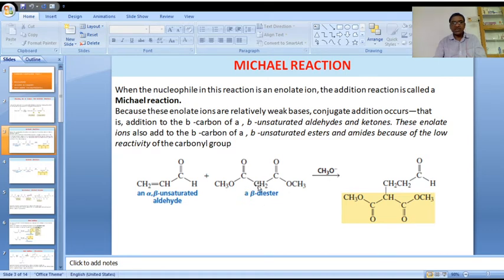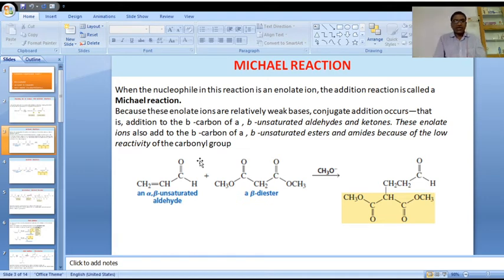In between the two ester groups there is an active methylene group. This active methylene hydrogen generally participates in the reaction. We will discuss this reaction.